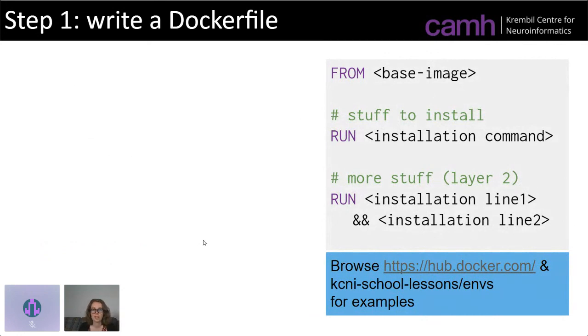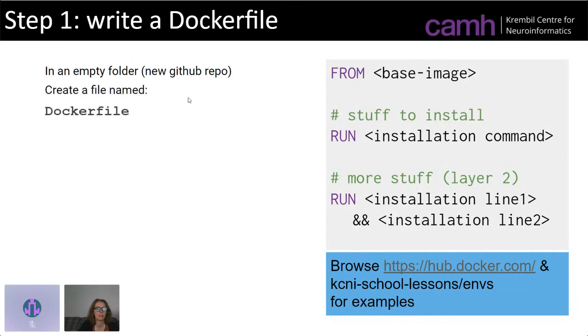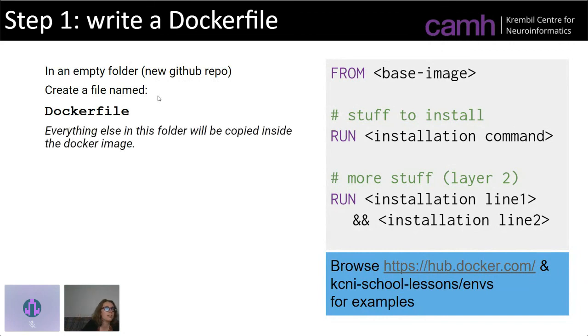And usually you put it in a folder by itself, because everything else that goes in the same folder as a Dockerfile will get imported into the Docker. So usually you create an empty folder or a new GitHub repo and you put a file named Dockerfile in there.